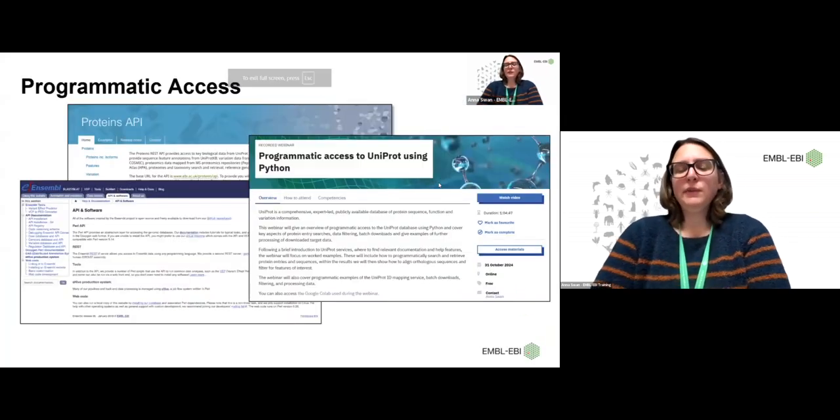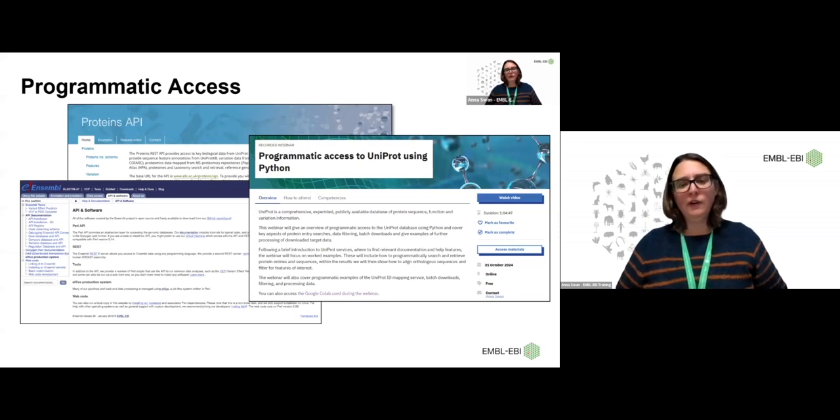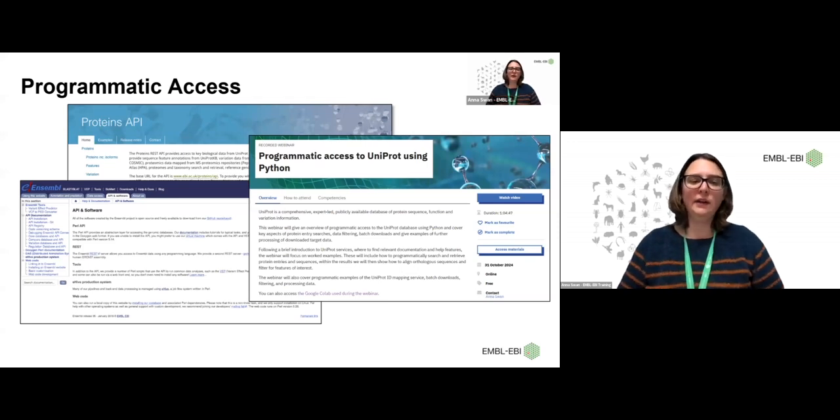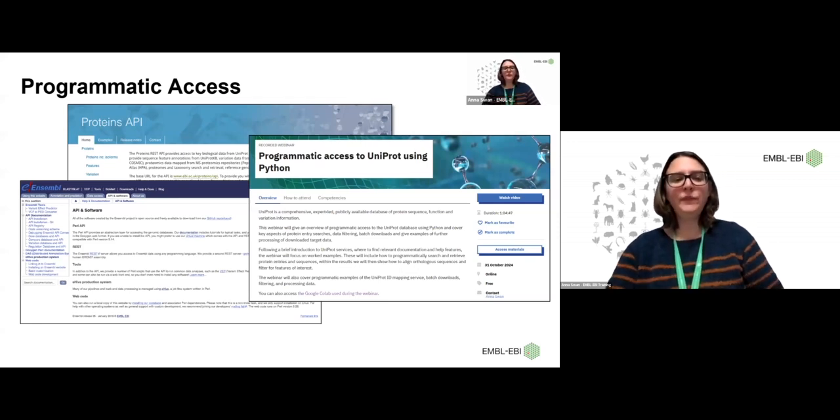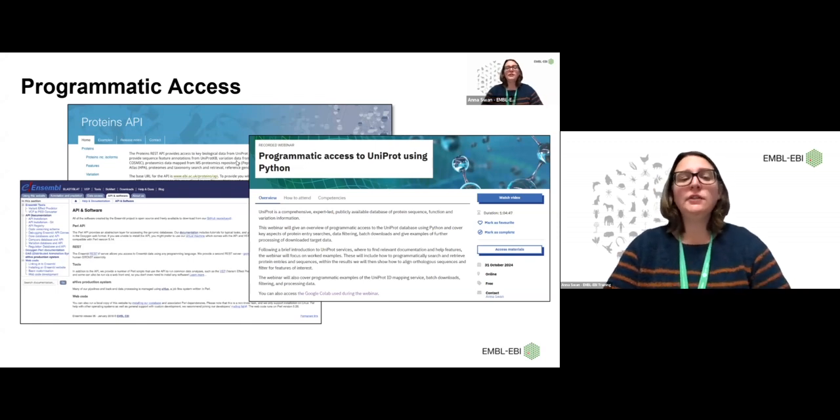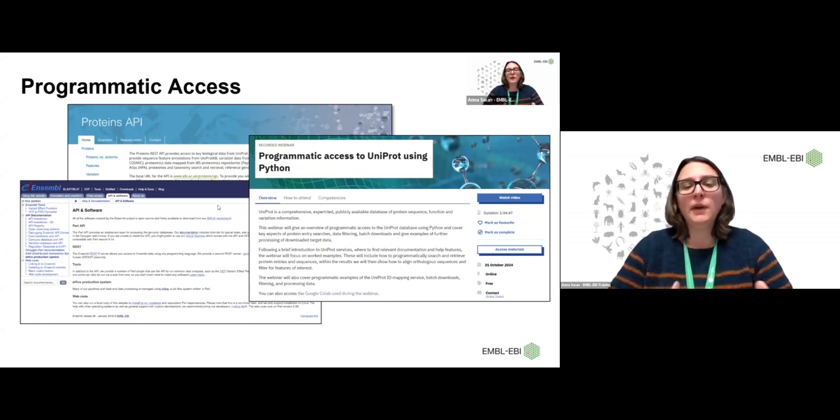One thing I wanted to mention before I move on is about programmatic access. You may also hear this as APIs. So this is the way that you access the resources programmatically. Most of the data resources have some kind of programmatic access available.